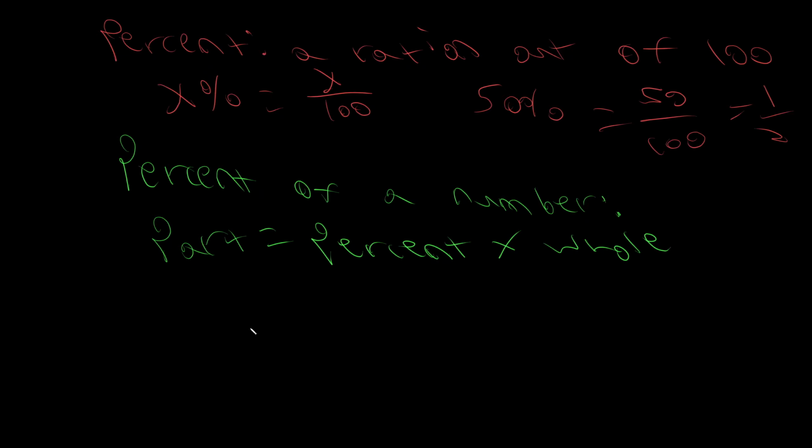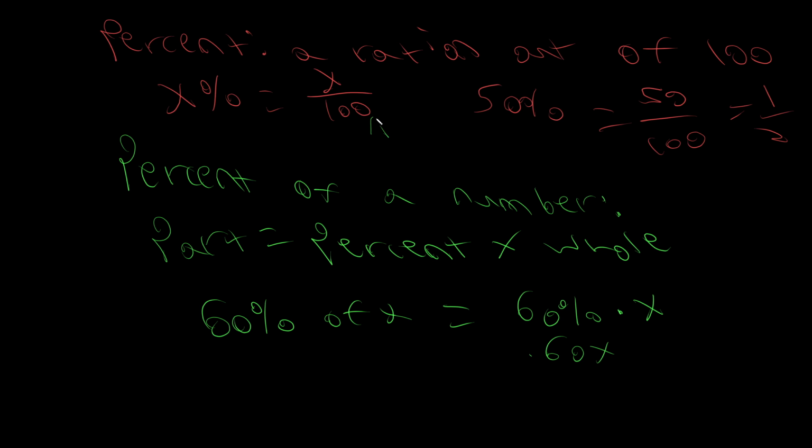So let's say you want 60% of X. That's going to be equal to just 60% times X, or 0.60X, because remember, it's just 60 divided by 100, which is 0.6.